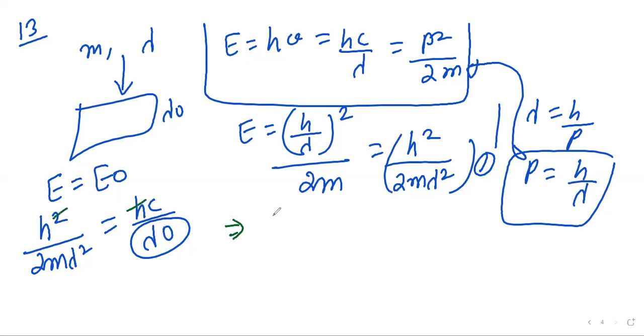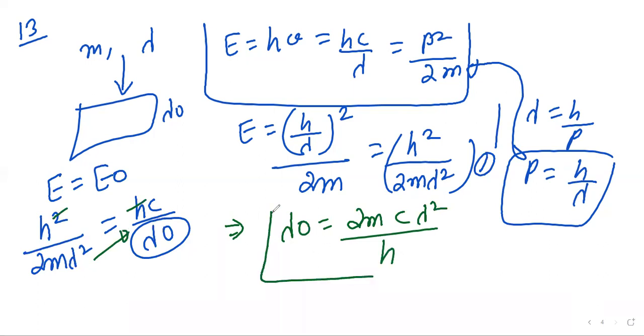This h and this h will get cancelled. So lambda naught equals, multiplying here with c, 2m c lambda square upon h. So this will be the threshold wavelength in the form of mass, speed of light, lambda and h. Right, up to this point.